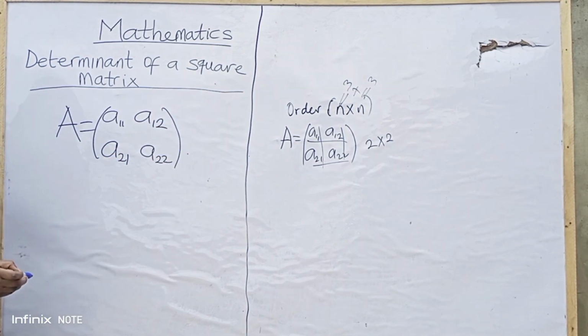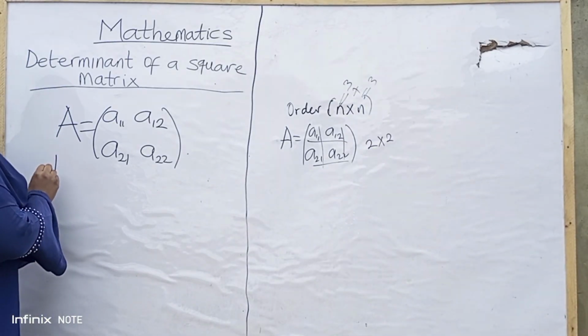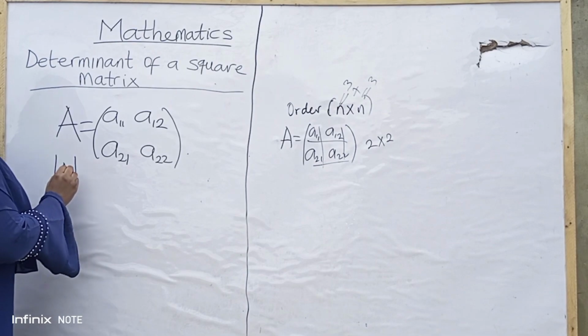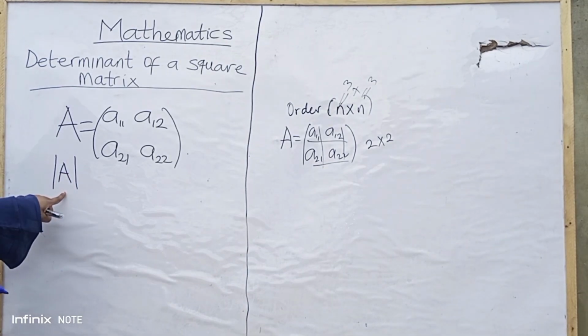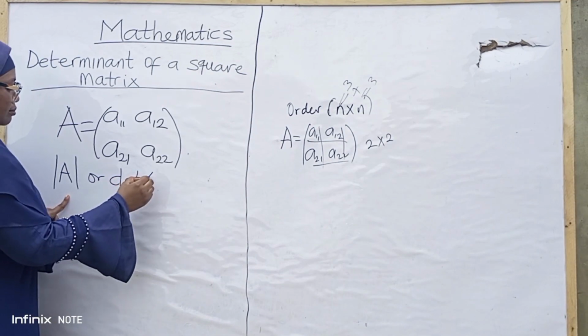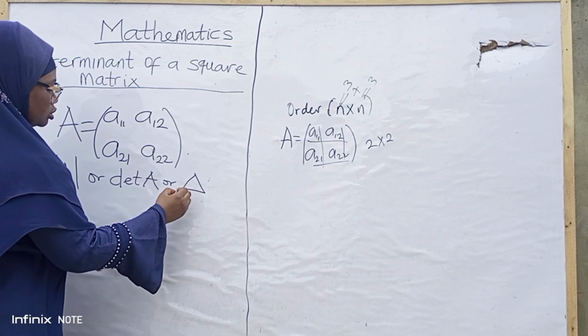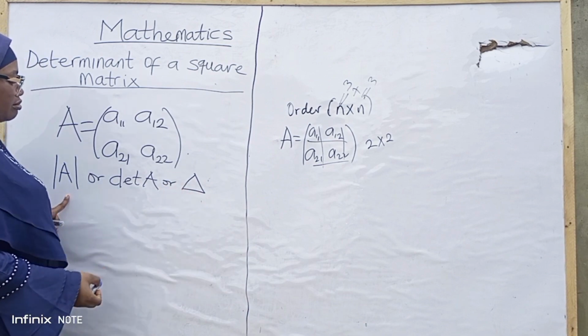Now, if you want to write the determinant of any matrix, either you write it like this, that is the absolute value of matrix A, or you write it like this, det A. Or at times you can use a small triangle to denote the determinant of a given matrix.